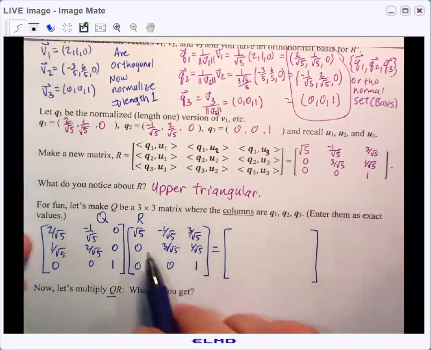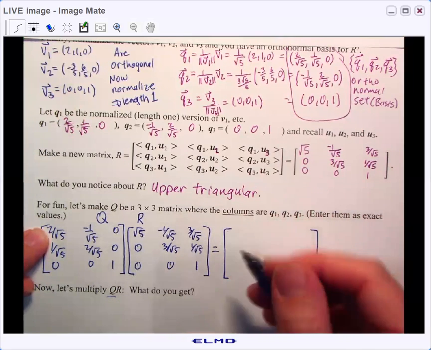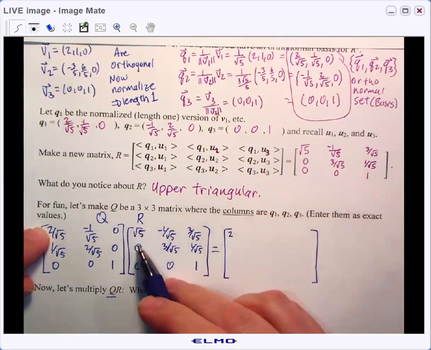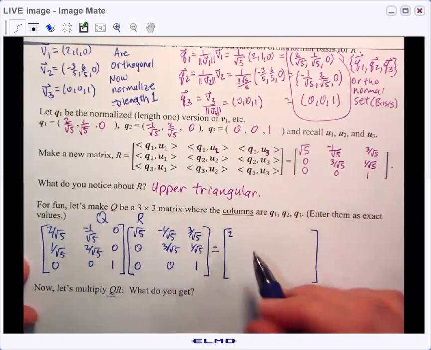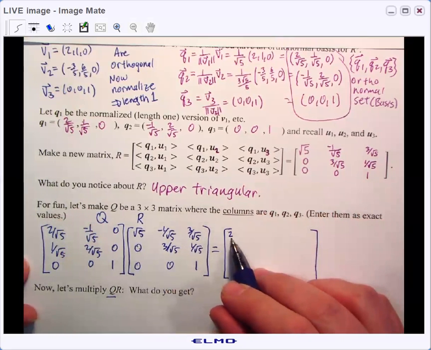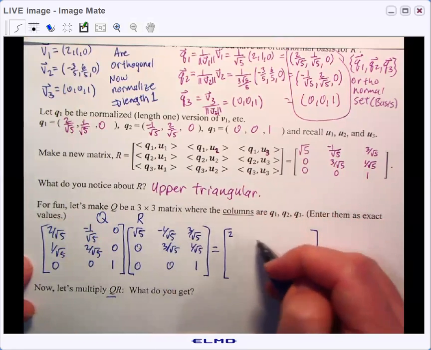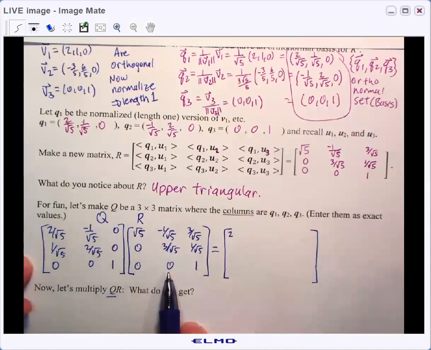So we'll get 2 square roots of 5 over square root of 5, which is 2, plus 0 plus 0. So our first entry here is going to be 2. Let's do the 1, 2 position. So we'll do the first row of the first matrix times the second column of the second matrix.